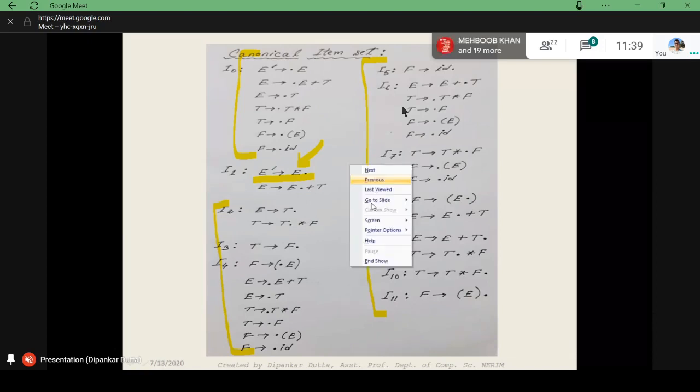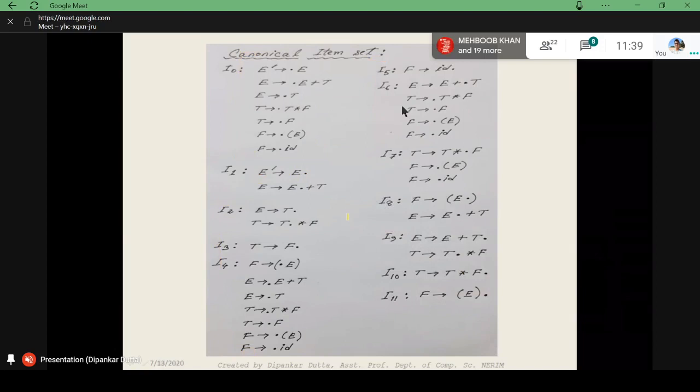Then what to do for this one, in I1, that is M of 1? Because alpha is the start symbol, by default the input symbol will be the dollar. In I1 by default this input symbol will be the dollar. Previously we put B here, but if it is a start symbol then don't put B; it will be by default dollar.